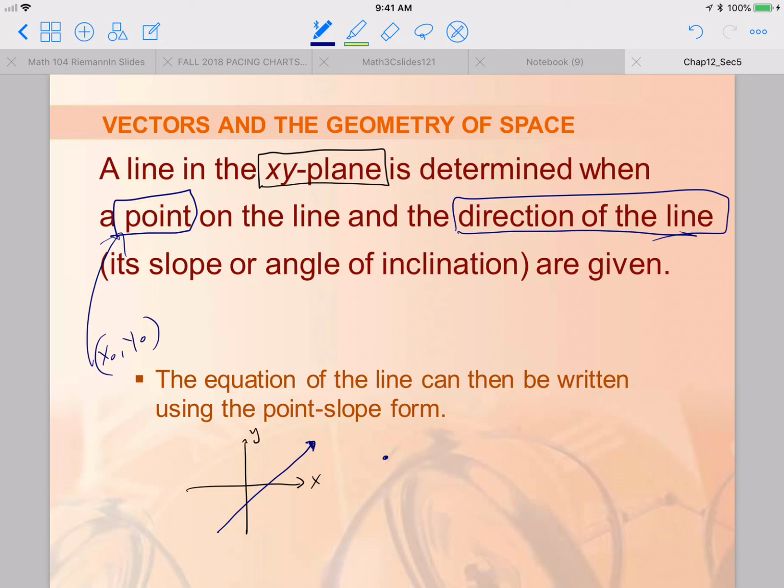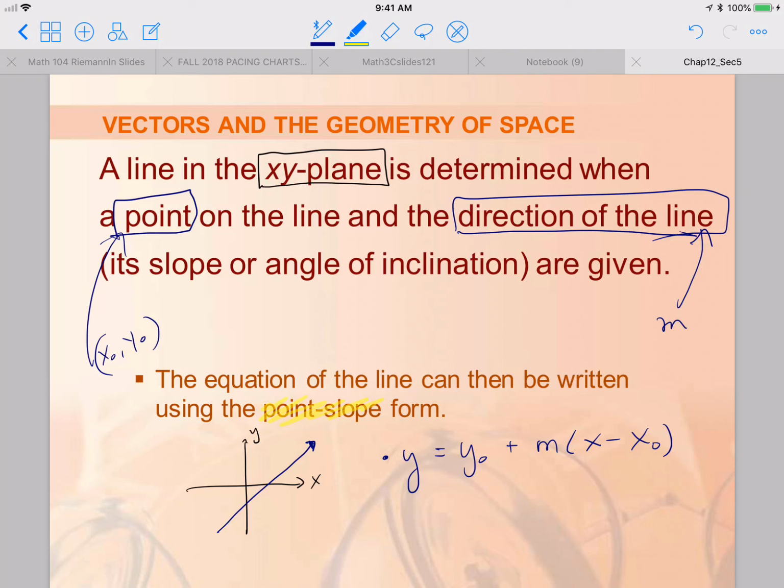And the way we gave direction would be to give slope. So slope gives you the direction that the line is pointing, the angle of inclination. And then we had a formula, y equals y naught plus m times x minus x naught. And this was the point-slope form.